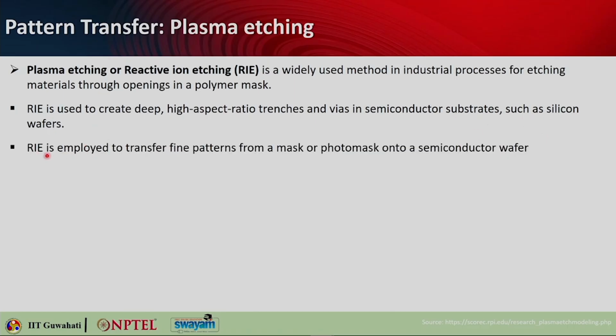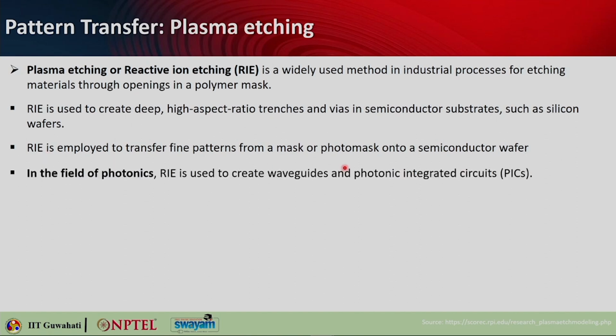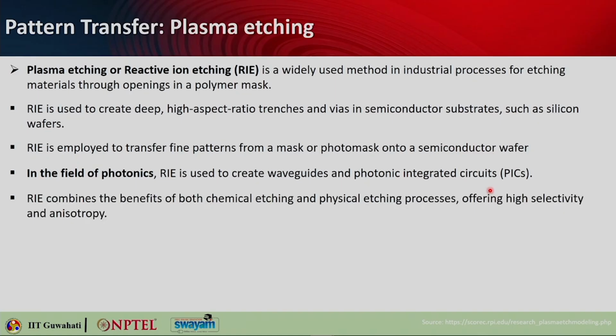So, reactive ion etching is very popularly used in the semiconductor IC industry, and it is also used to transfer fine patterns from a mask or photomask onto a semiconductor wafer. So, in the field of photonics, reactive ion etching can help us create waveguides and photonic integrated circuits. So, it is a very important process that we should pay attention to.